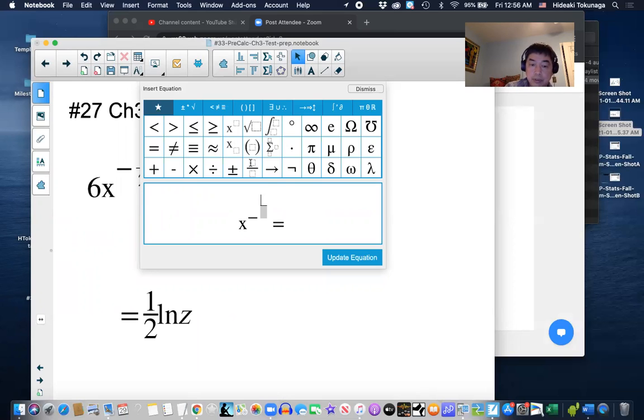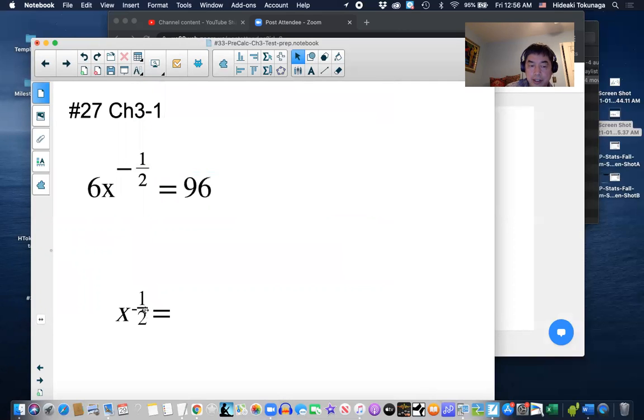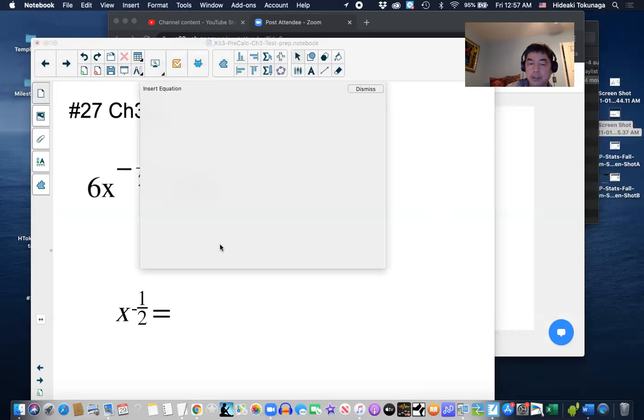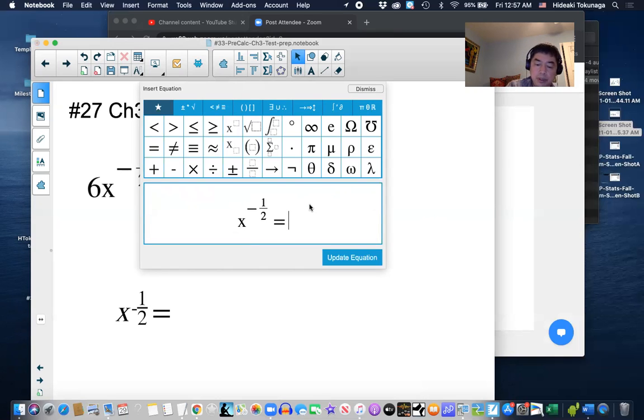I wonder if it doesn't come up clean. It doesn't look like negative half power. So let me divide by 6, which is 16. If you divide by 6, it's going to be 16 here. All right.